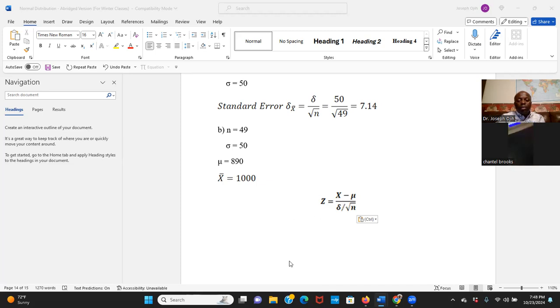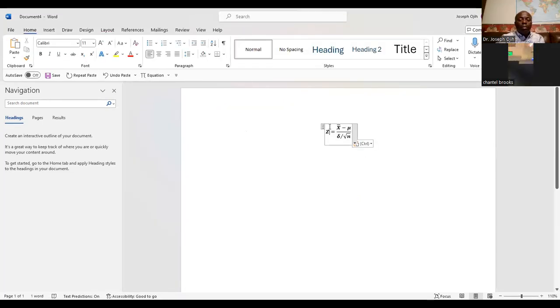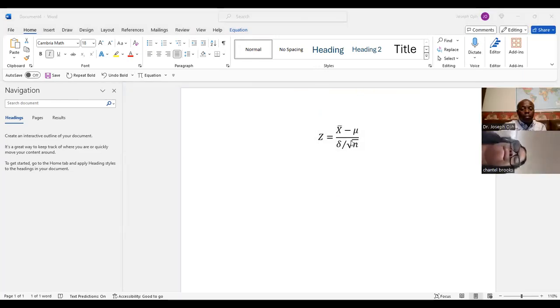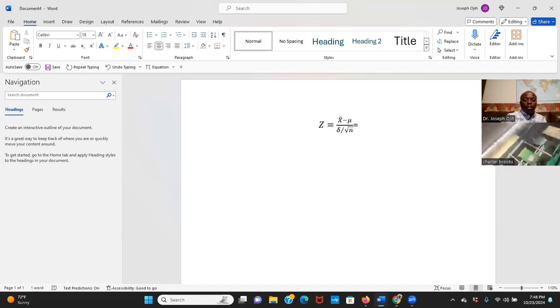This one will not allow us, so I'm going to put it right here. Make this 18. Unbold it. Make sure you are seeing it. Why is it doing this?